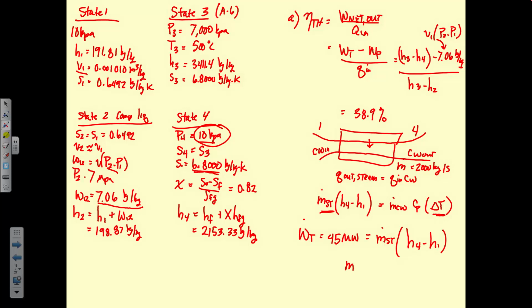So then we use that to solve for m dot of the steam, which is equal to 35.97 kilograms per second. So we can plug that back into this equation up here, and we can solve for this delta T. So we know H4, we know H1, we know this m dot of the steam.